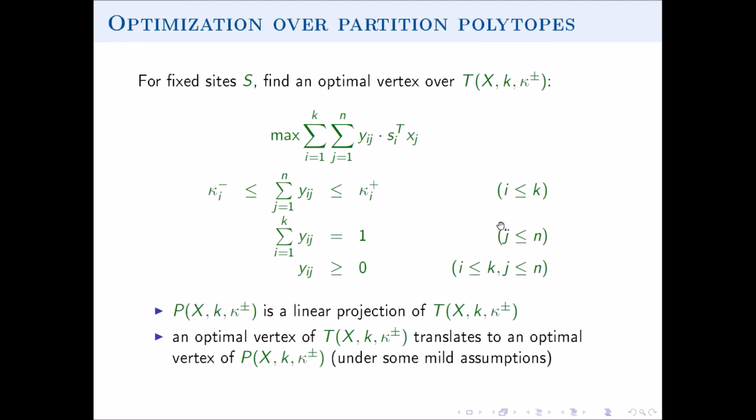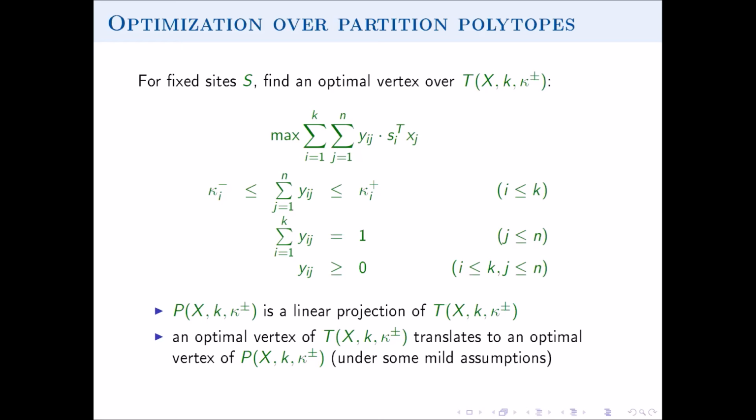So the transportation polytope is an extended formulation of the partition polytope, or a linear projection, and there is a correspondence between optimal vertices of T and optimal vertices of P. That's essentially a direct correspondence, with some technicalities, but the punchline is you can do the algebra over the extended formulation.